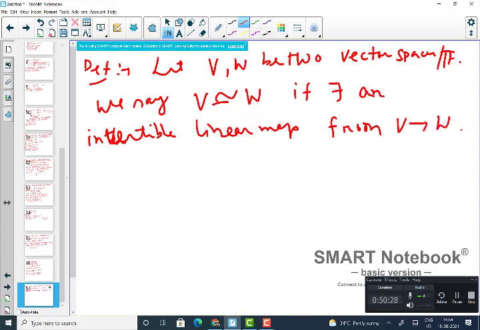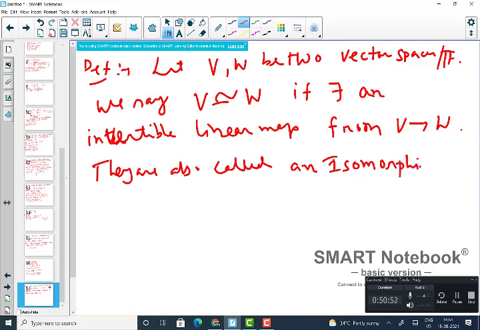So these kinds of linear maps are called isomorphisms. They are also called an isomorphism of vector spaces.